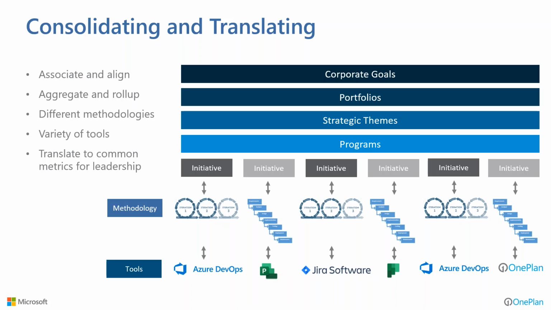They're using metrics like velocity and burn-ups and burn-downs and cumulative flow diagrams. But leadership may still want information in more traditional business metrics. And sometimes there has to be a consolidation and also a translation of that information as you go up through the different methodologies of waterfall or iterative and bring that information up through the organization, depending on how you roll that up and how leadership wants to see the metrics and track how their investments are tracking.